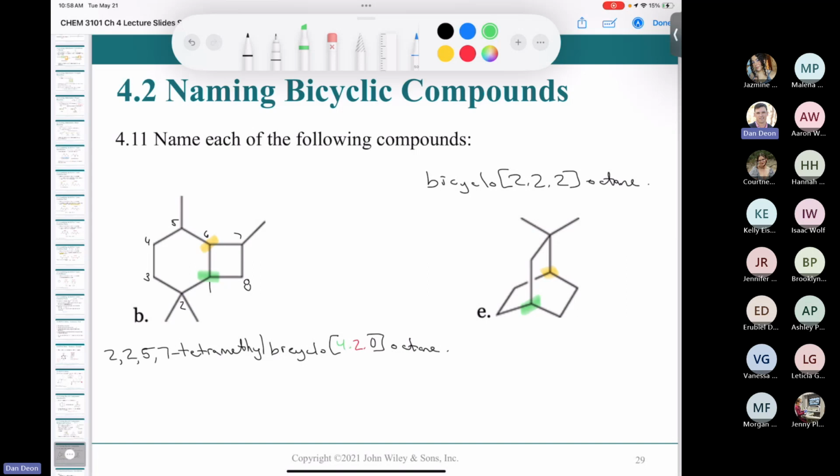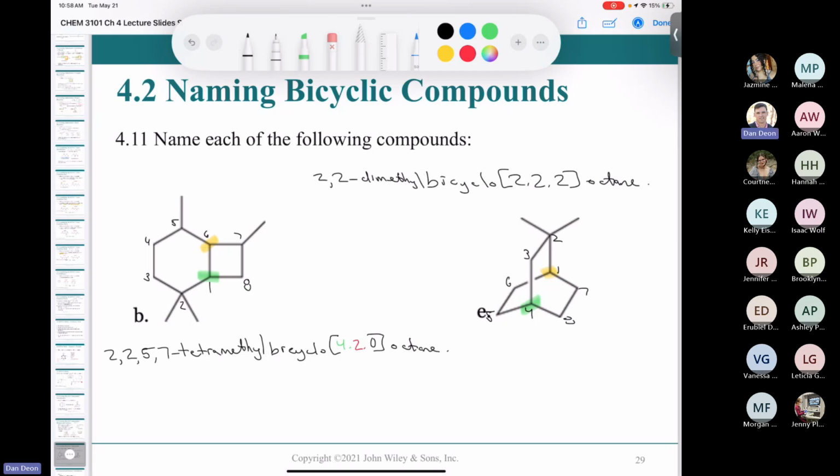So I'm going to start on the one that is in yellow. Exactly. So I'm going to start numbering here. 1, 2, 3, 4, 5, 6, 7, 8. So I have 2,2-dimethylbicyclo[2.2.2]octane. And there you go.